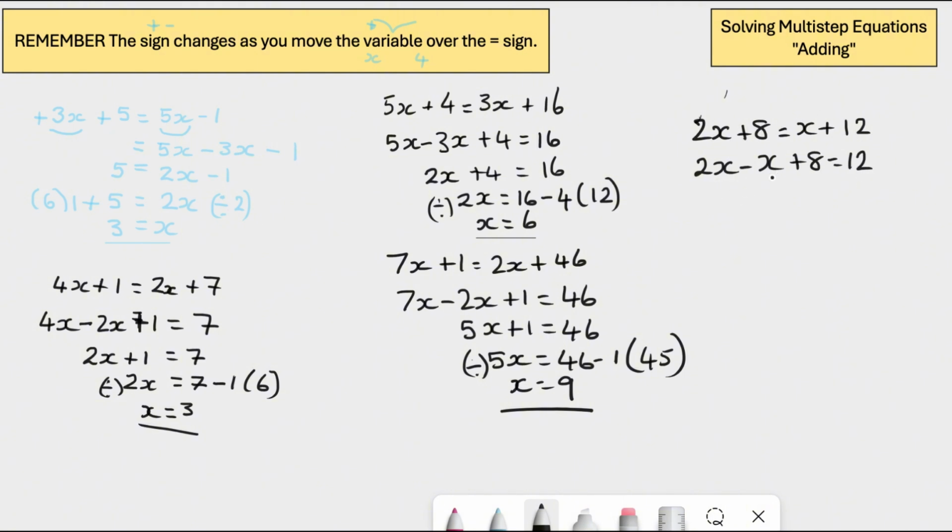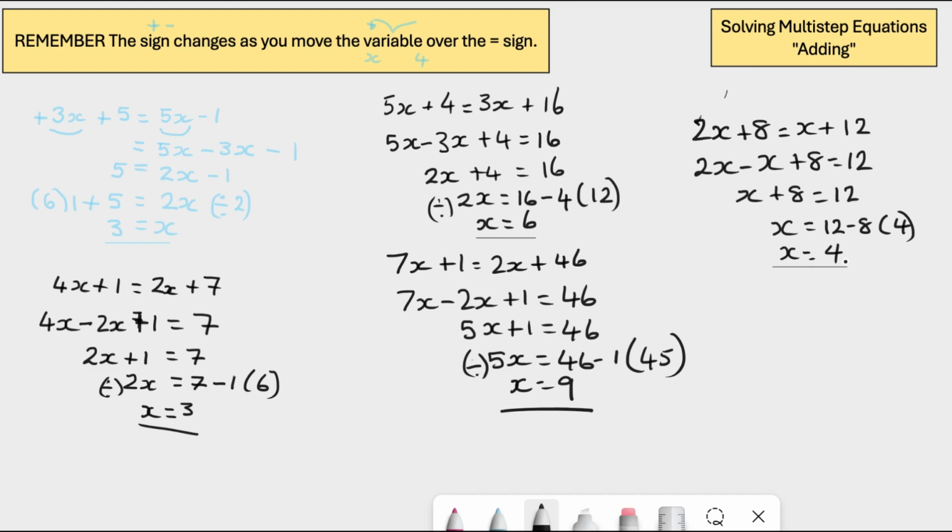So we know that 2x take x is x. So we've got our x on its own actually. Plus 8 equals 12. And then there's no dividing because we've already got x on its own. So x equals 12 subtract 8, which we know is 4. There you go. x equals 4. That's a nice one, isn't it?